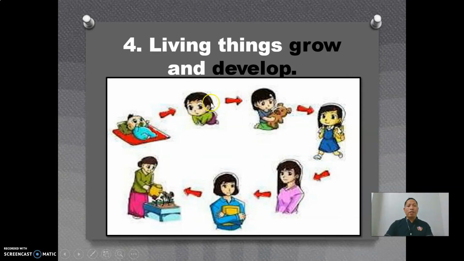From infancy, childhood, adolescence, adulthood, and old age. It developed, from the word develop, and still the word grow, meaning you grow every year. So that is the word grow.